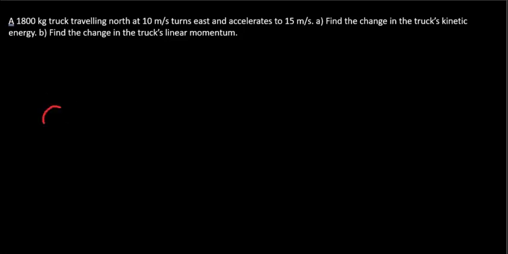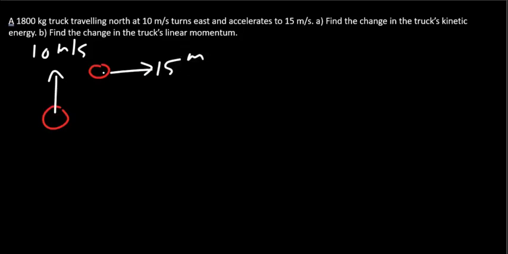So let's look at the system. You have a truck that is initially moving northward like that, 10 meters per second. And at a later time, it is moving east with a speed of 15 meters per second. So let's first calculate the change in kinetic energy. The change in kinetic energy is the final kinetic energy minus the initial kinetic energy.